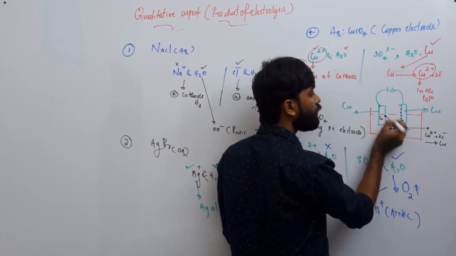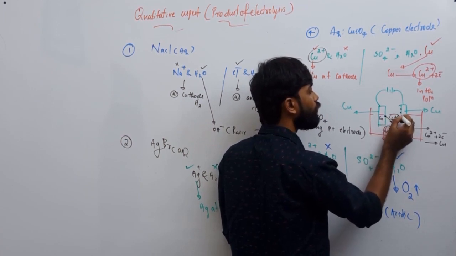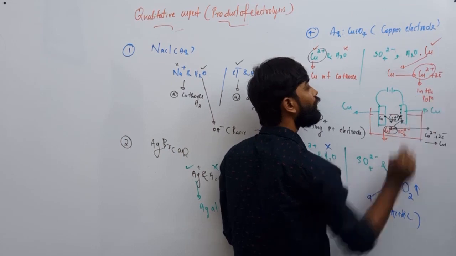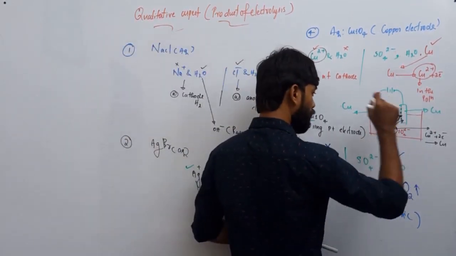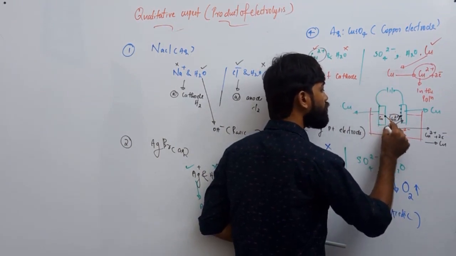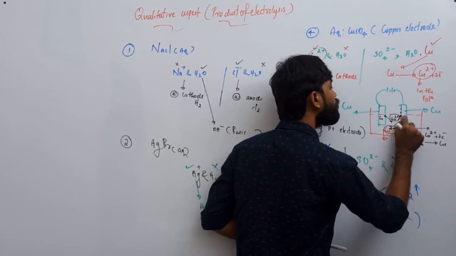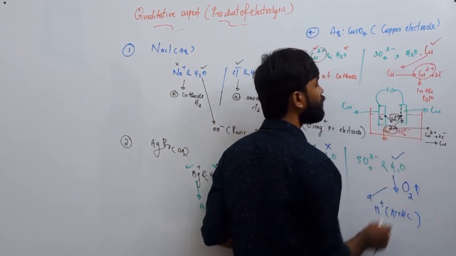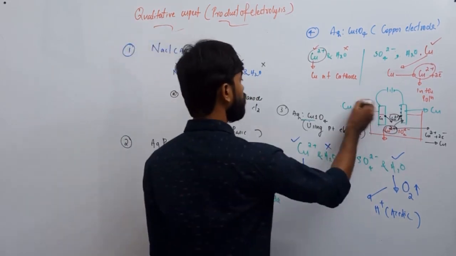So that copper is oxidized into the solution as Cu2 plus. So this Cu2 plus is discharged at the cathode. So an atom of Cu is oxidized to Cu2 plus into the solution. And moreover, the Cu2 plus is reduced onto the electrode. This is exactly the principle of electroplating.